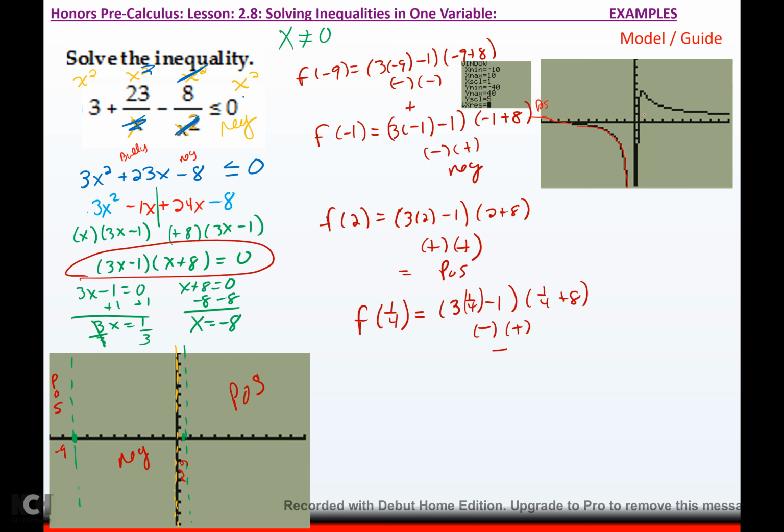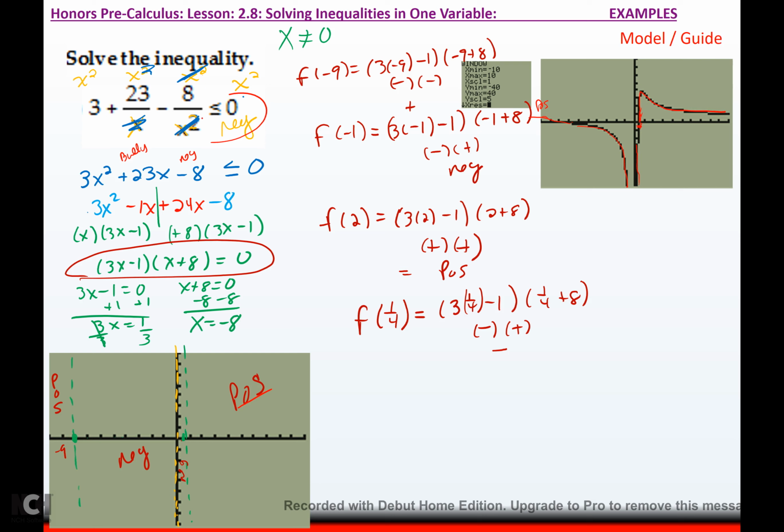Okay, in this itty bitty section, it's negative until it gets to like that 1/3, and right past it, it crosses over. It looks like it's straight up and down, but it's not. It really passes over there at up until 1/3. Somewhere around in there, it turns positive, and then the rest of the graph is positive, like we said.